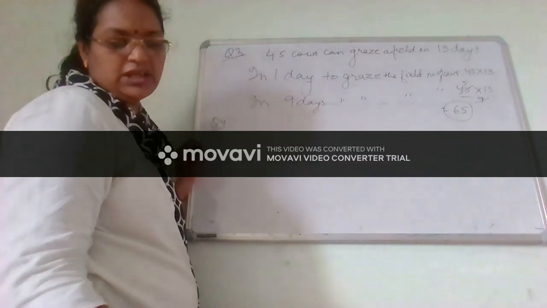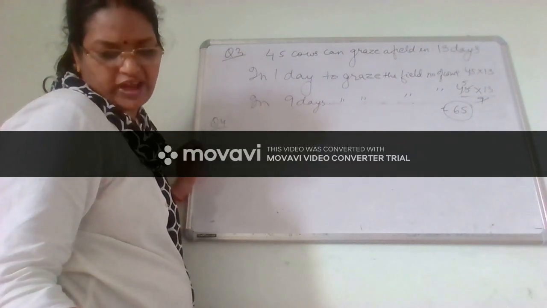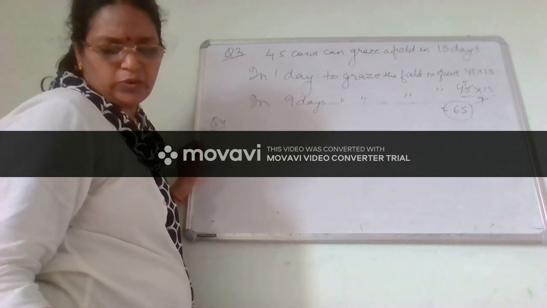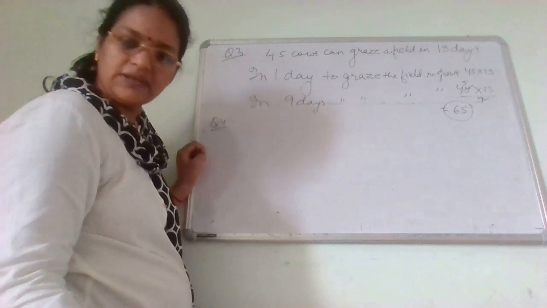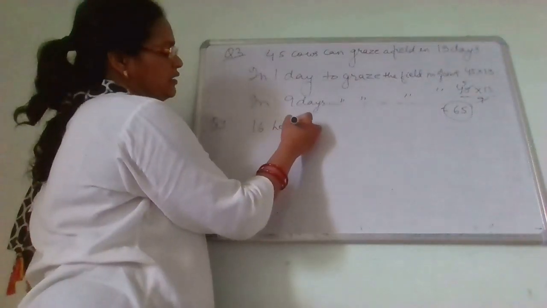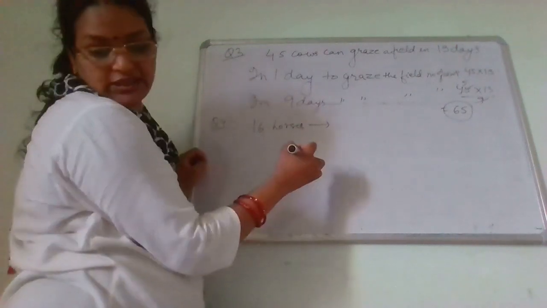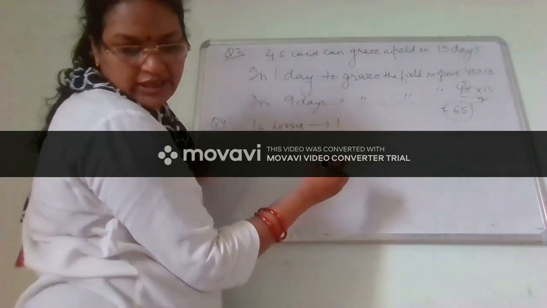If 16 horses can consume a certain quantity of corn in 25 days, in how many days would the same quantity be consumed by 40 horses? Same thing, 16 horses, how much time does it take? 25 days.